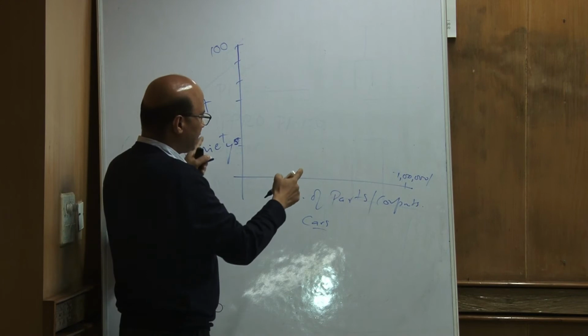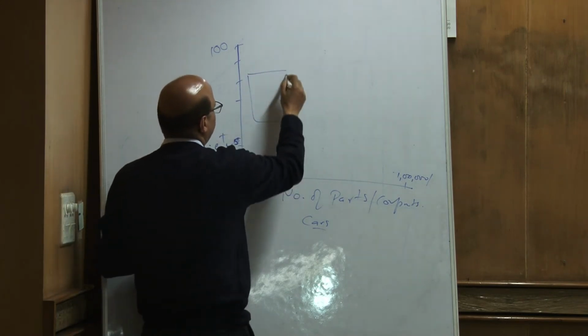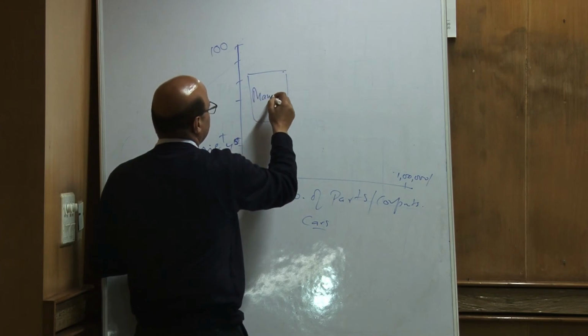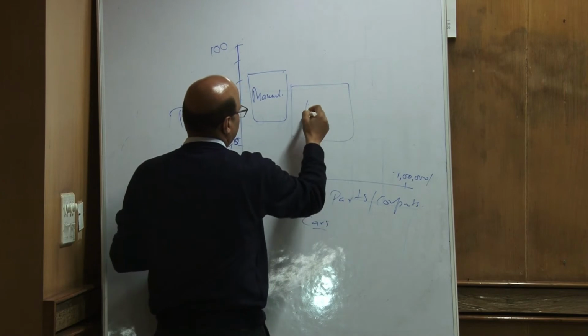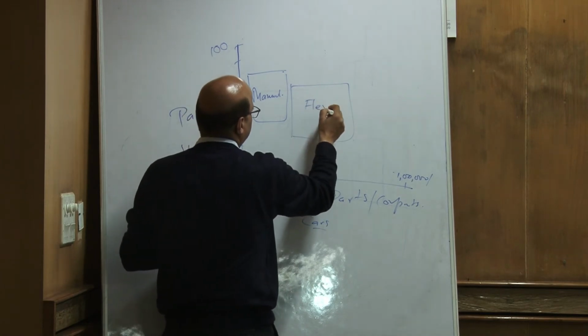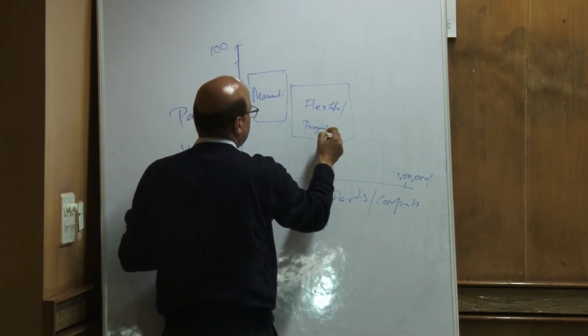So based on this, you can classify the industries based on what kind of industry they are. This is manual basically. So manual is here, flexible is here, flexible or what we call programmable, and this is hard automation.